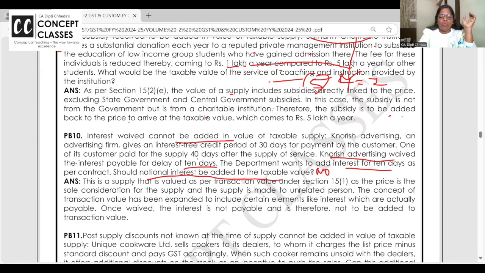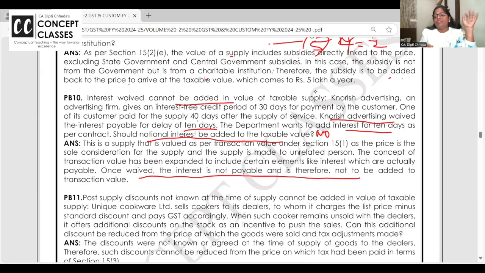Answer is no. Their supply value is as per the price, sold consideration and the concept of transaction value has been explained. Once the interest is waived and it is not payable, then why would you add it in the transaction value, right? Okay. So if it is not waived, add it. And when you add it also, late fees and interest is always inclusive of tax, so deduct that also.